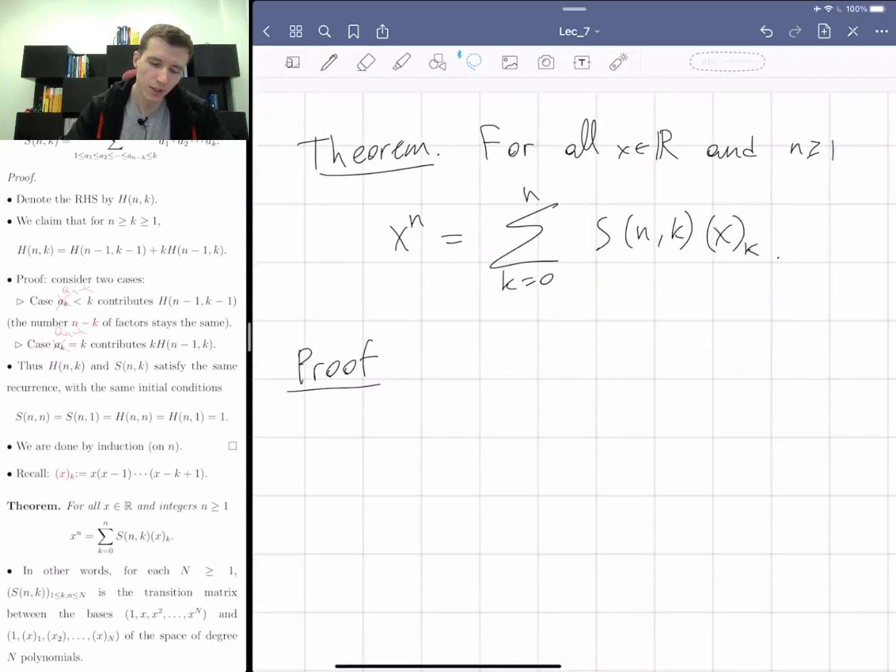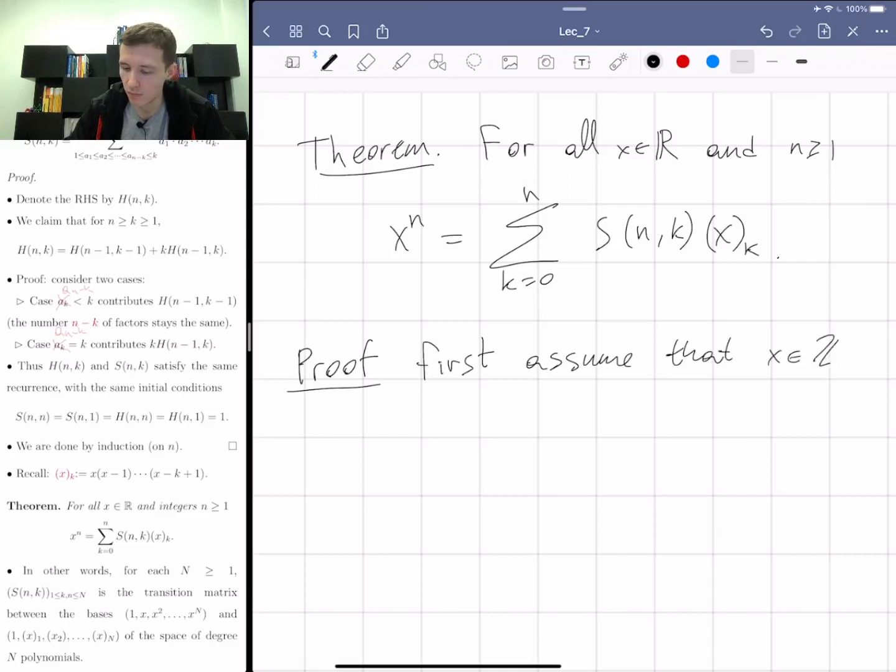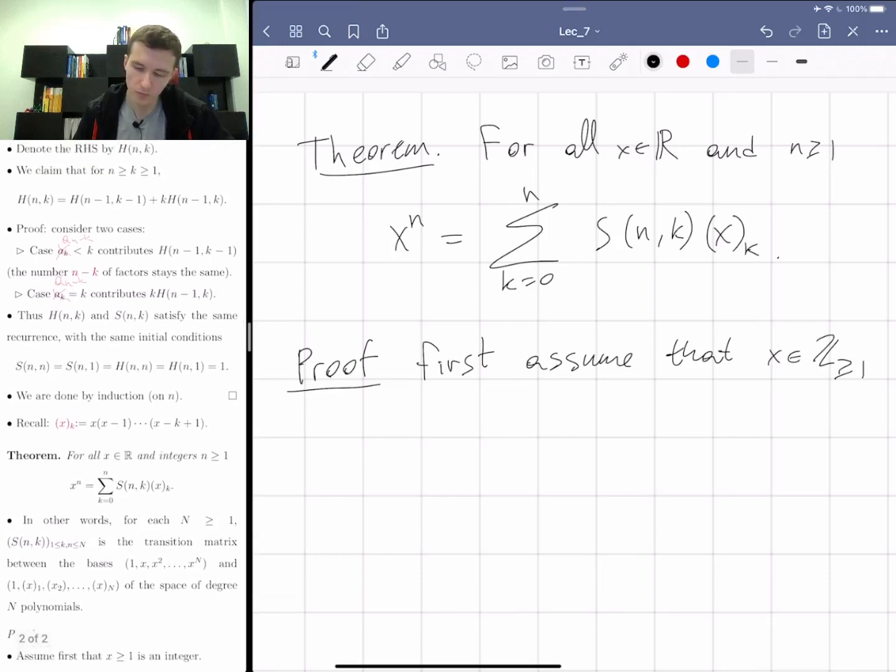So the proof is, first I'm going to assume that x is a positive integer. Here the statement is for all real numbers, but first I'm going to prove it for positive integers.